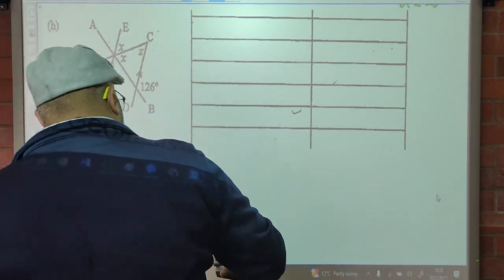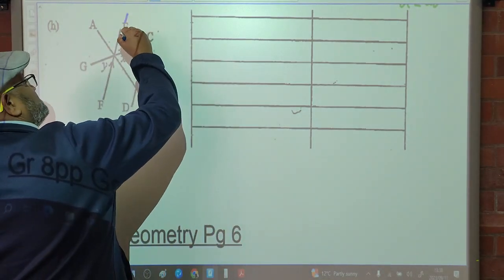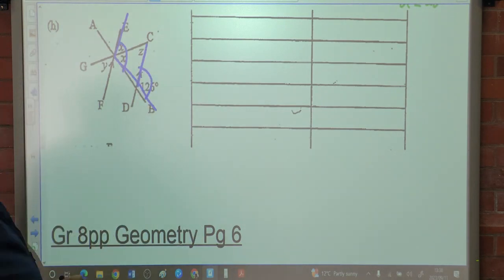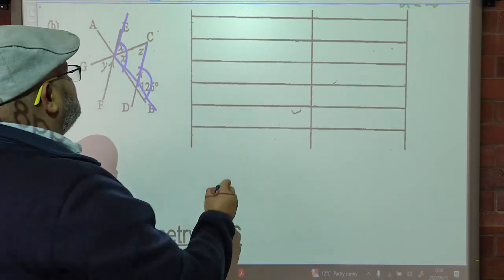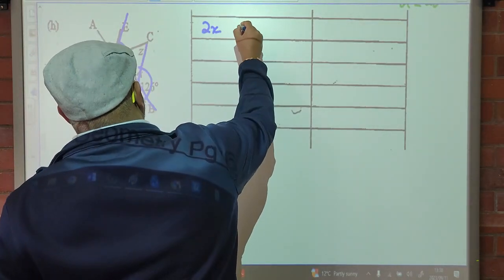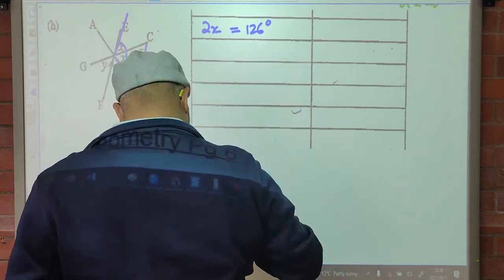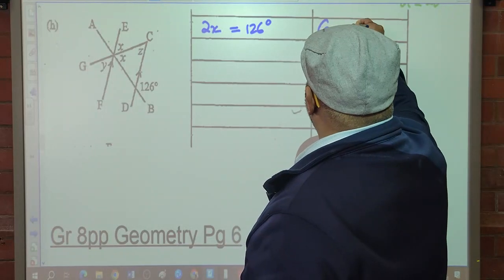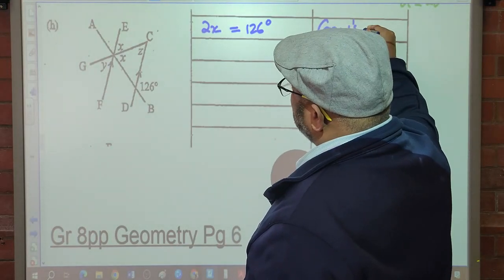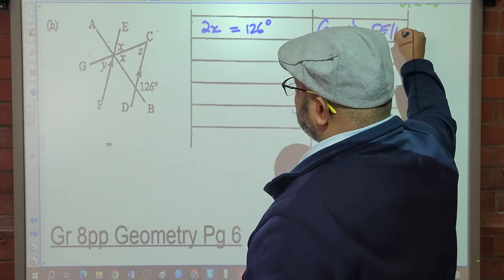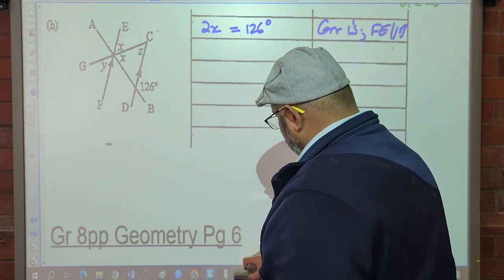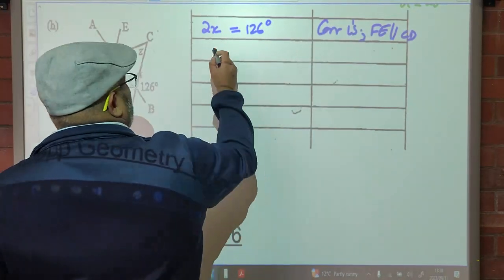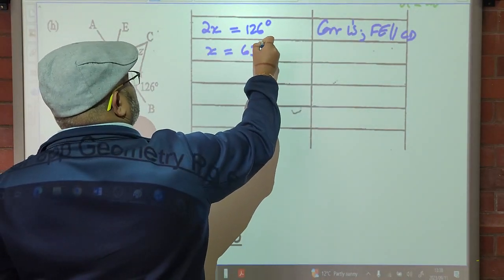Okay. People, so what can be done here? You look for corresponding angles. You see, these are the lines that are parallel, and your corresponding angles are equal. So we say that x plus x, which is 2x, is equal to 126. Why is that the case? Corresponding angles are equal, with FE being parallel to CD. Divided by 2, x is equal to 63.